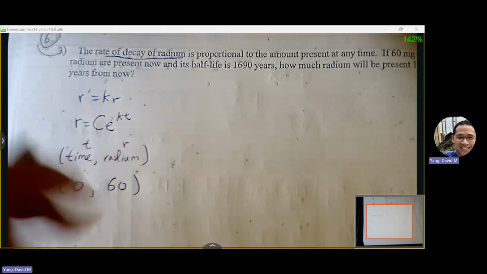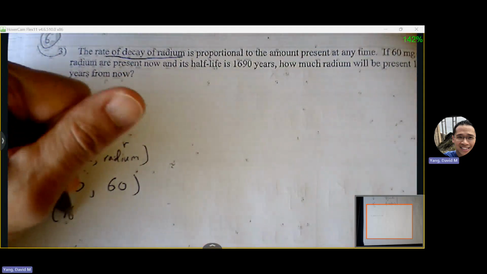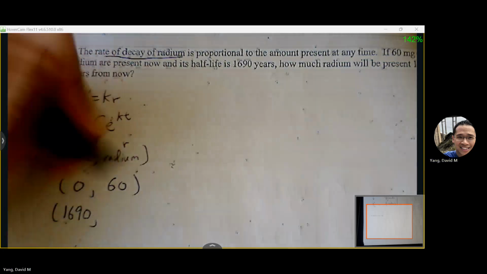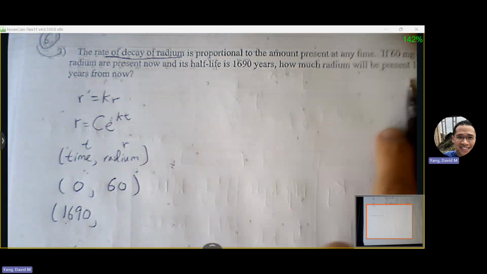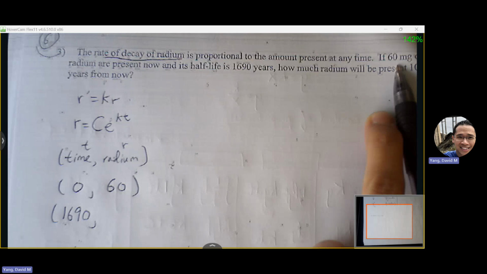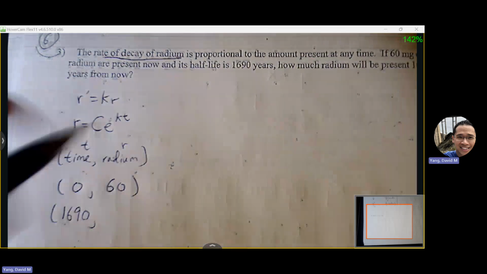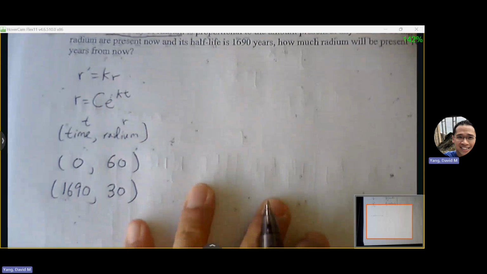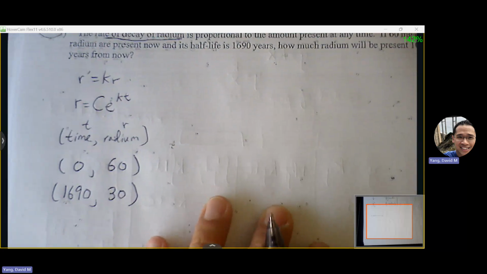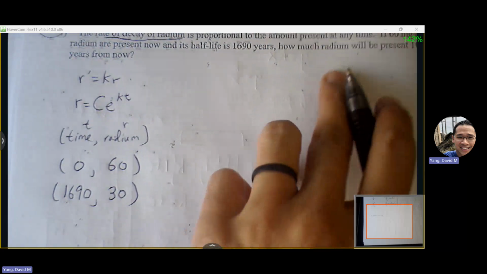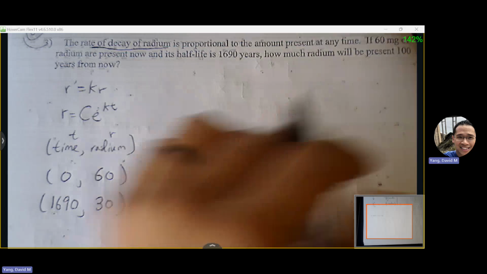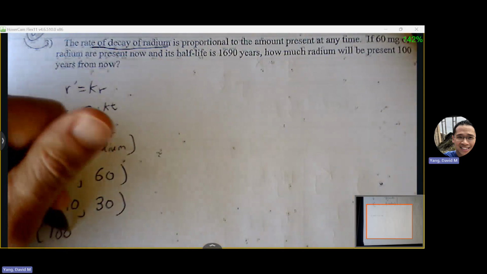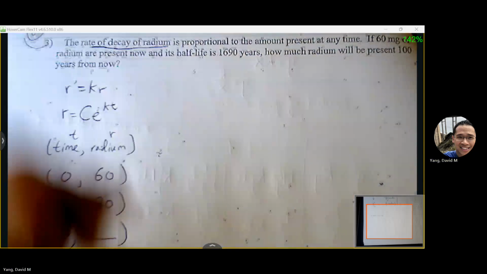Half-life, so we know 1,690 years from now, the amount is going to decrease to what? 30, half-life. So 30 milligrams will remain. It'll take that long for that amount to decrease by half. So how much radium will be present 100 years from now? So 100 comma radium.